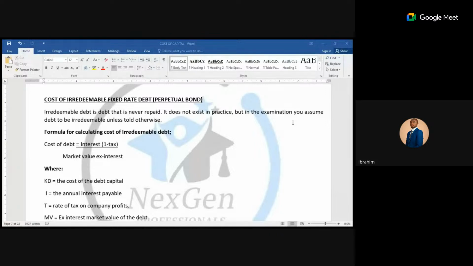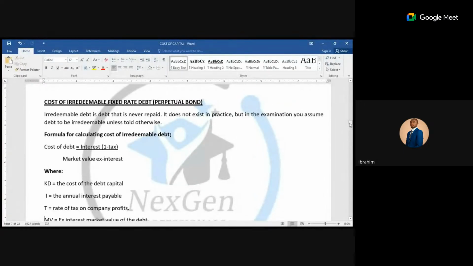It may be difficult for me to solve question now because you may not flow with me. Yes, you have to go back and write. So in our next class, we look at the cost of irredeemable debts. We pick it up from traded and non-traded debt.